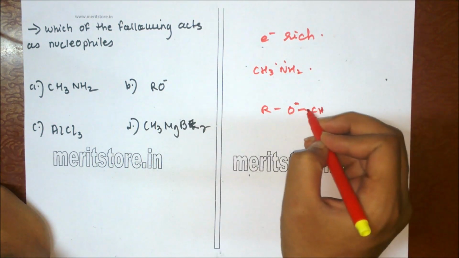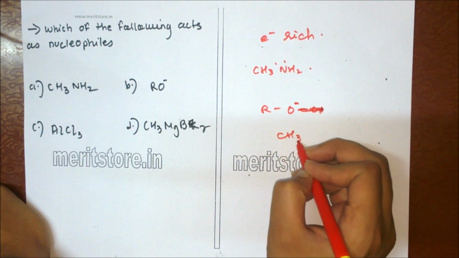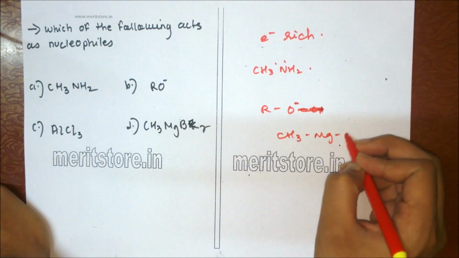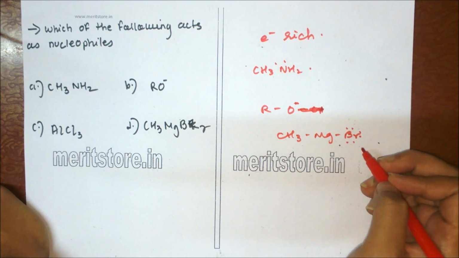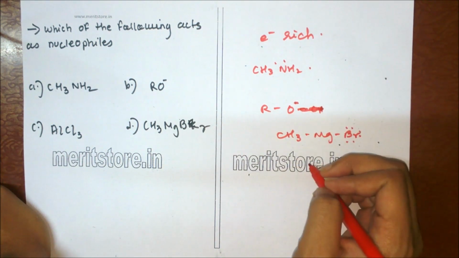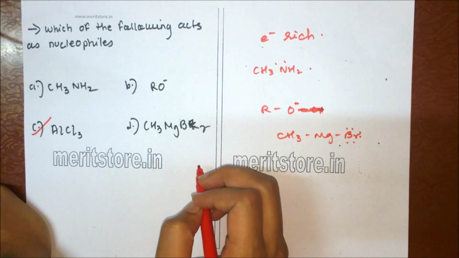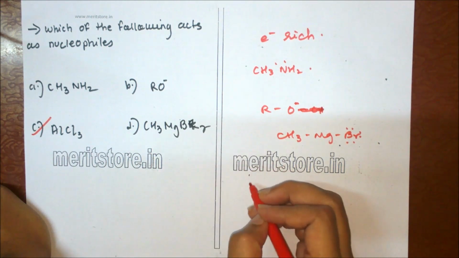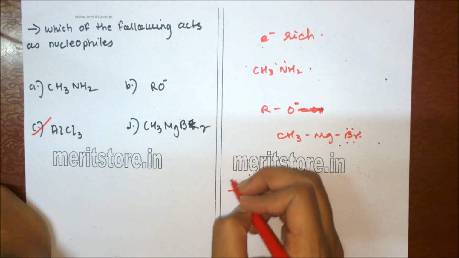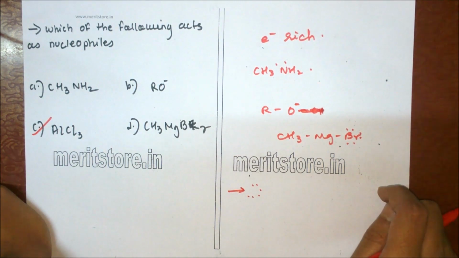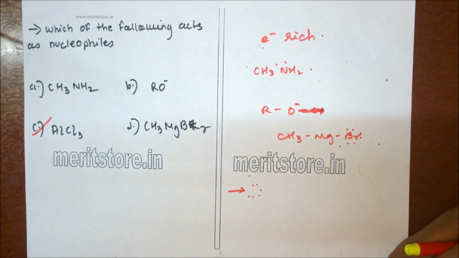RO minus has a lone pair on oxygen. CH3MgBr has a lone pair on the bromide ion. So all these are nucleophiles except AlCl3. AlCl3 is an electrophile, which has one deficient pair of electrons. So it is an electrophile. Option C is the correct answer.